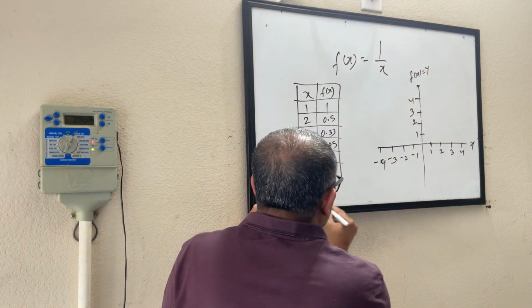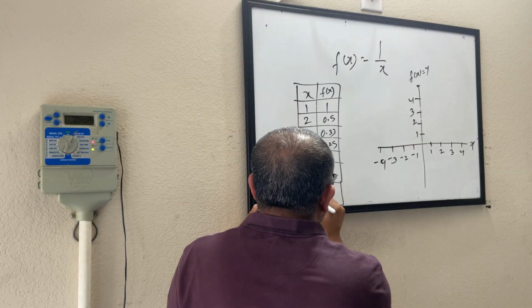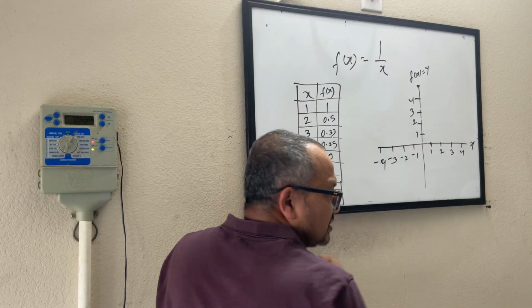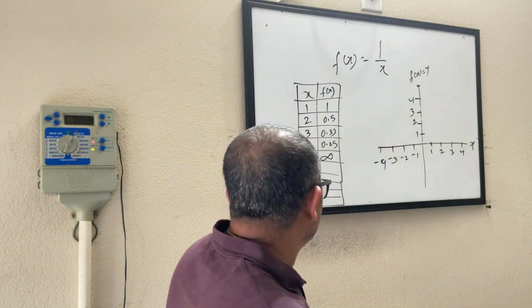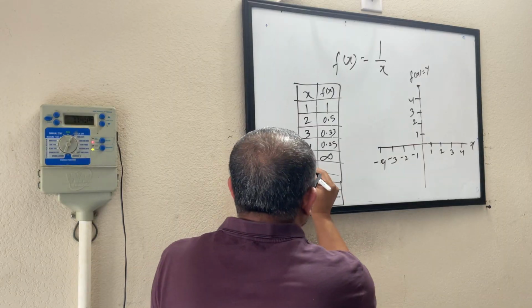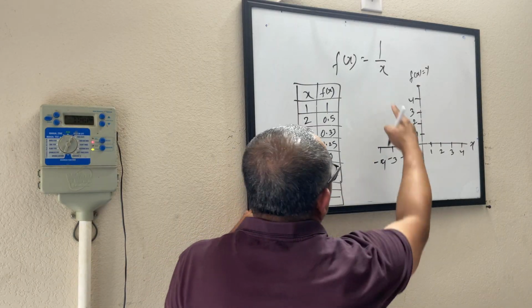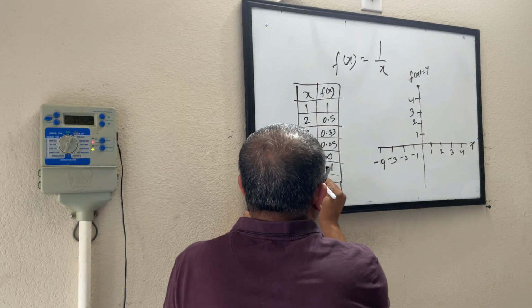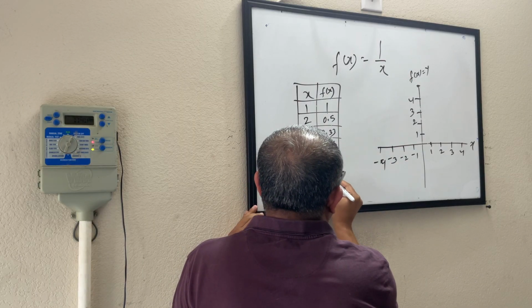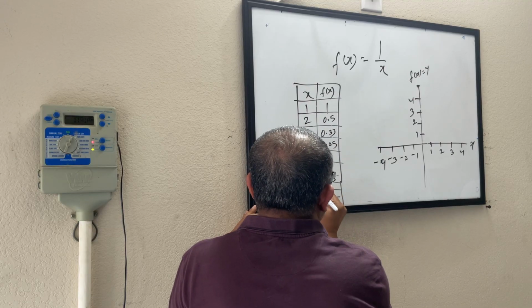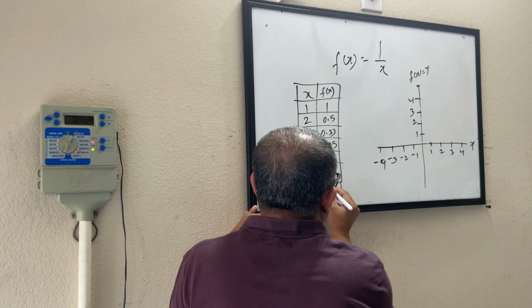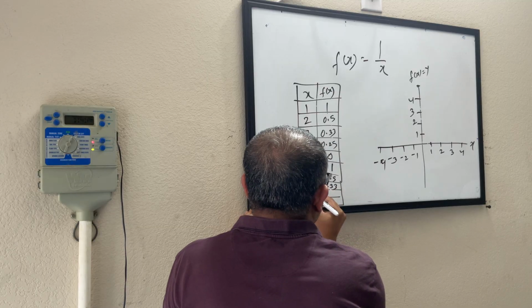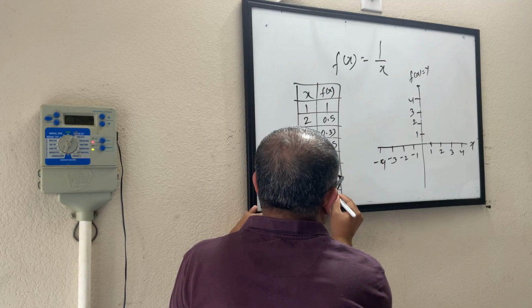Let's forget about defined and undefined and look at it in a very simple way. 1 by 0 is infinity. Now let's look at some negative values. When I put x equal to minus 1, this becomes minus 1. When I put minus 2, it becomes minus 0.5. Minus 3, minus 0.33. Minus 4, minus 0.25.